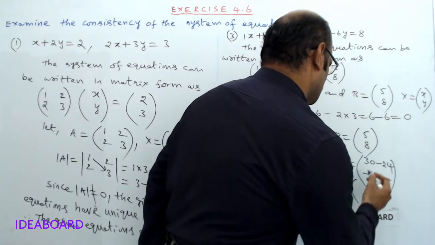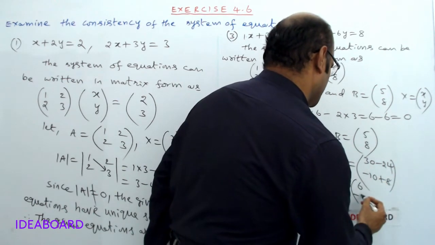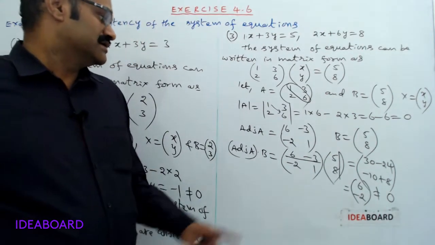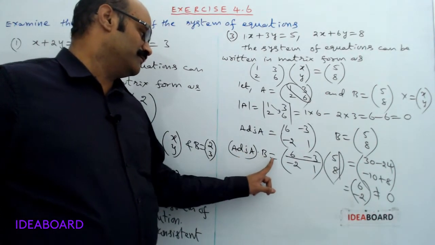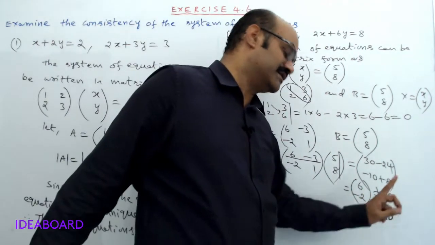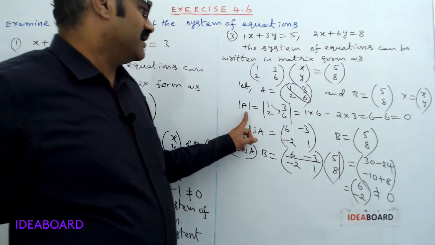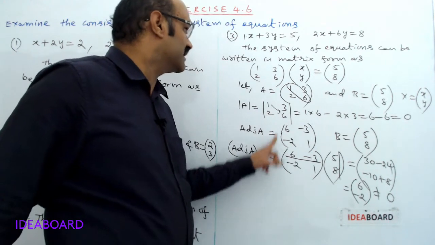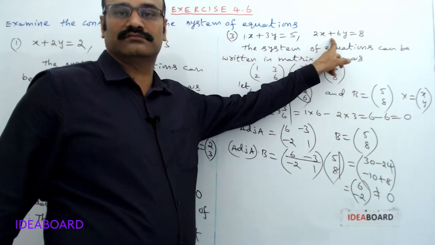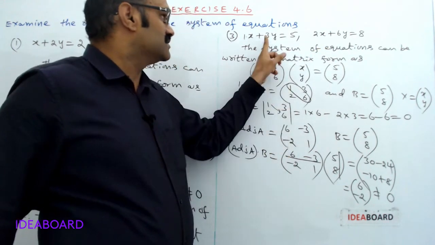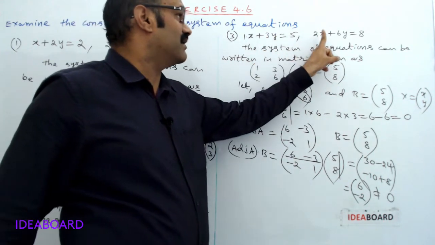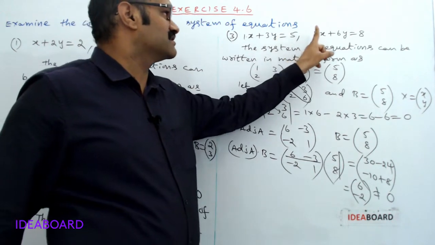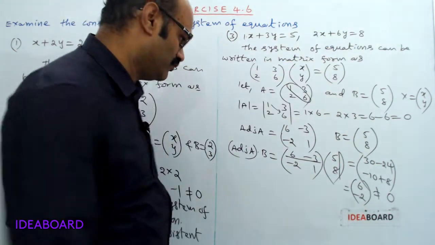Equal to 6, minus 2, which is not equal to the null matrix. Since adjoint of A into B is not equal to the null matrix and det A equal to 0, we say that there is no solution for the given system of equations. Since there is no solution, we say that the given system of equations is inconsistent.